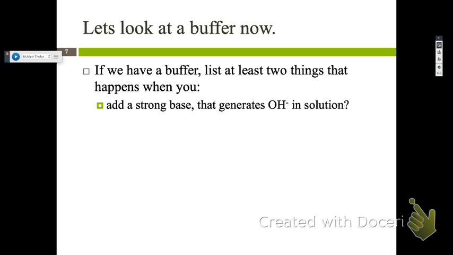So we're doing question 5A and 5B. Strong base.